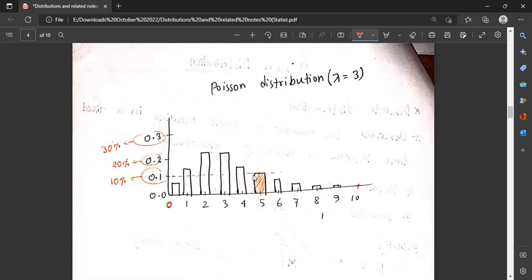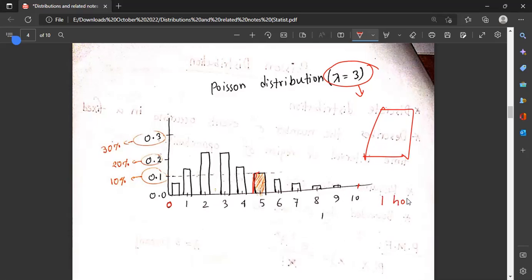And if I ask you the probability, so here lambda is given, the mean is given. Let's say we have a website, and we get some visitors, and we count how many visitors we get within 1 hour.